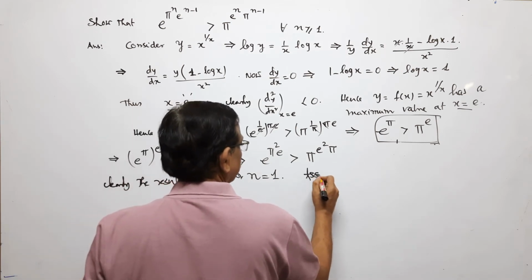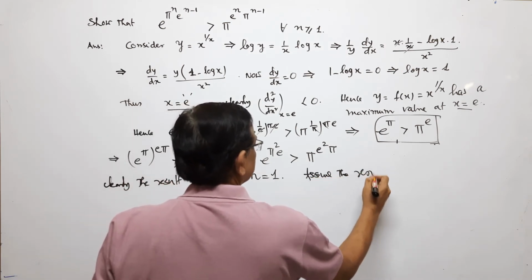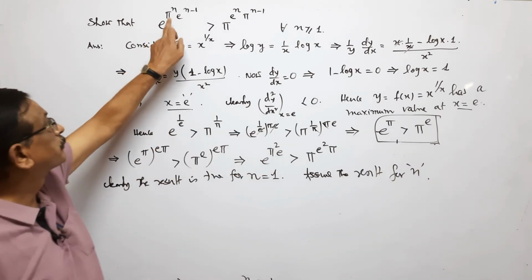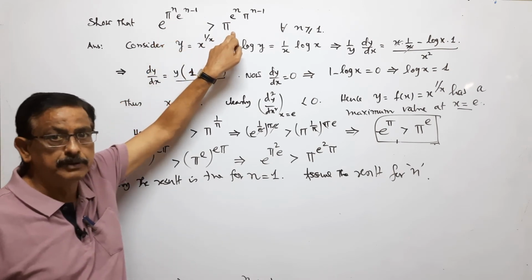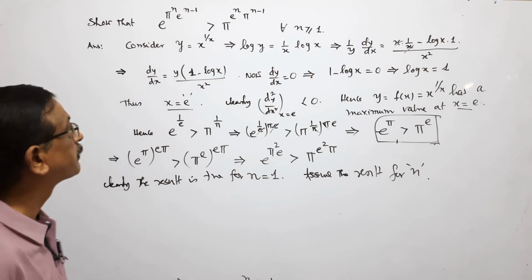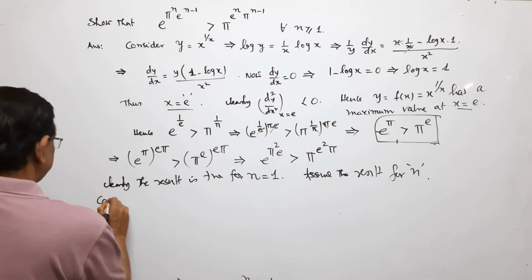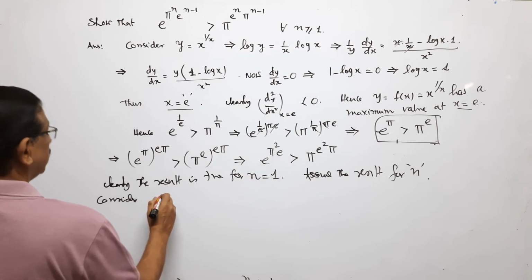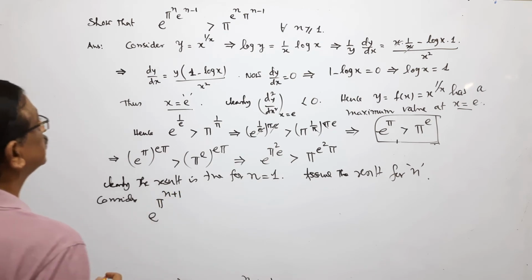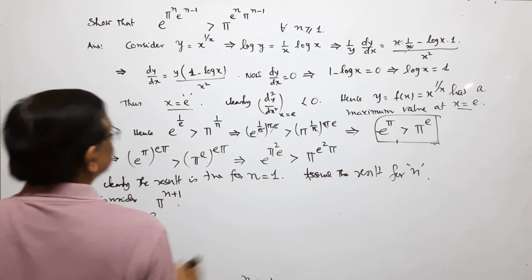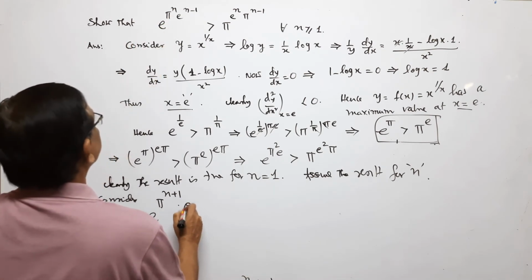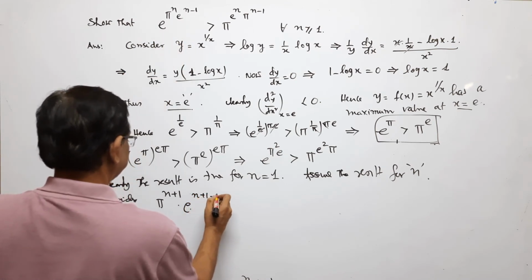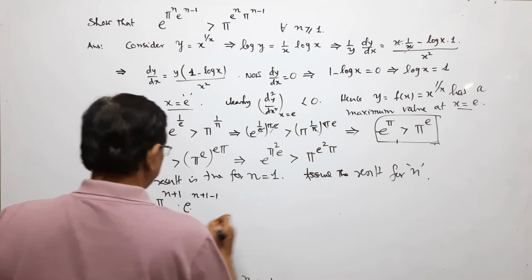Assume the result for n. That means e power pi power n, e power n minus 1 is bigger than pi power e power n, pi power n minus 1. So consider e power pi power n plus 1, because I have to take n plus 1, so it is e power, I have to write n plus 1 minus 1. I have to evaluate this.